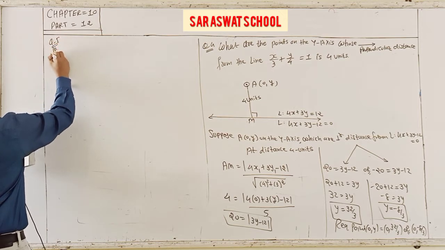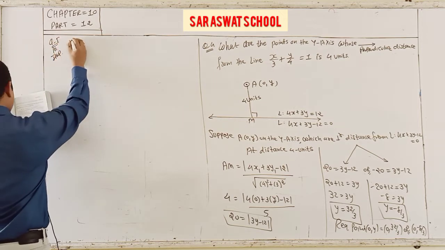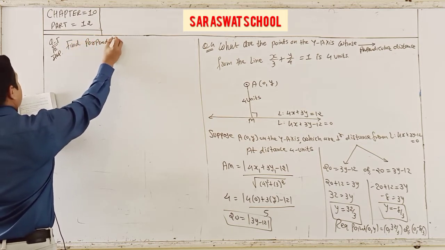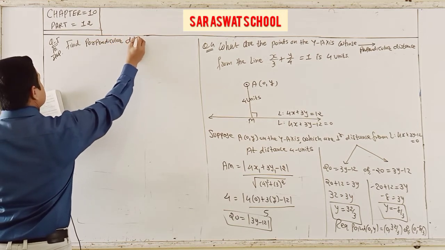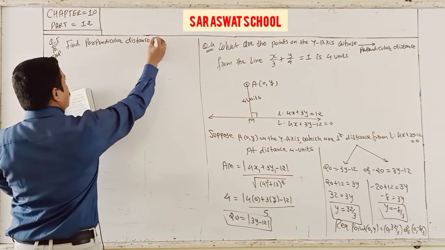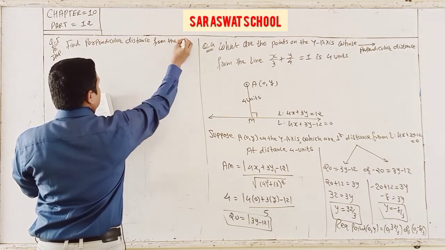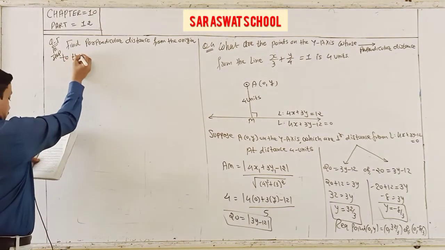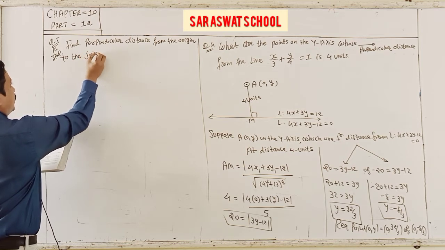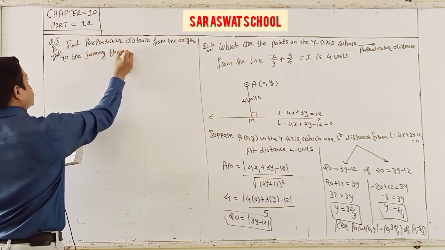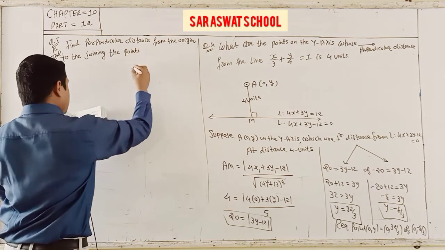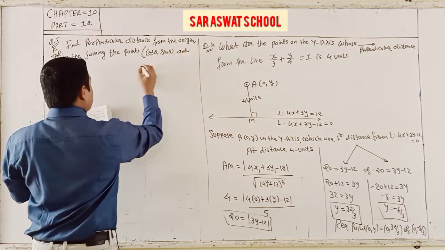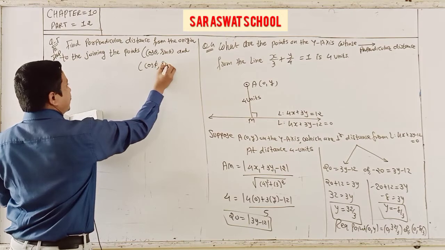Before starting, you can write down most important: find the perpendicular distance from the origin to the line joining the points (cos theta, sin theta) and (cos phi, sin phi).